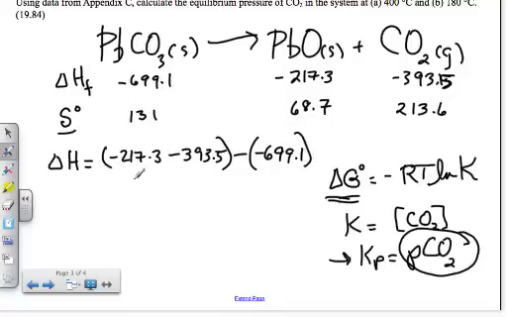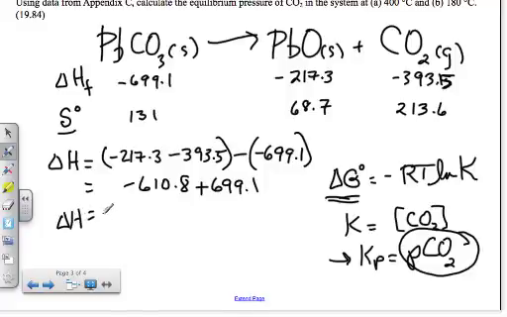Solving it all out, the part in parentheses comes out to negative 610.8, plus 699.1, and this is how I arrived at a delta H of 88.3 for this reaction. So endothermic, you're taking a solid and you're essentially decomposing it, so that makes sense.